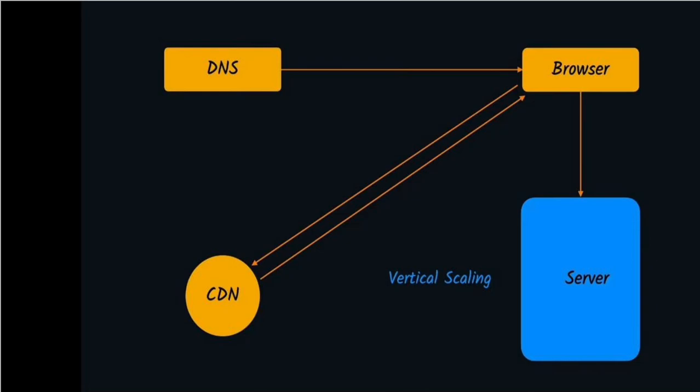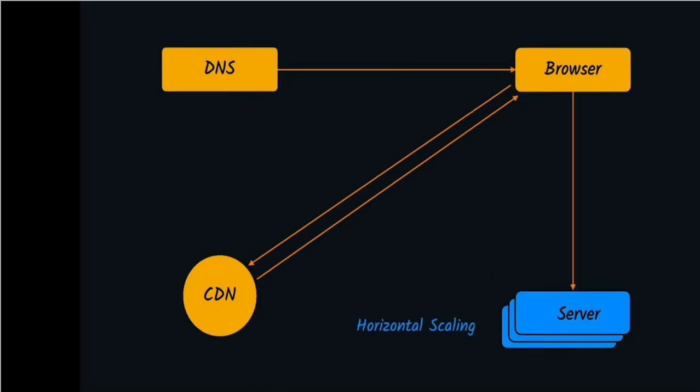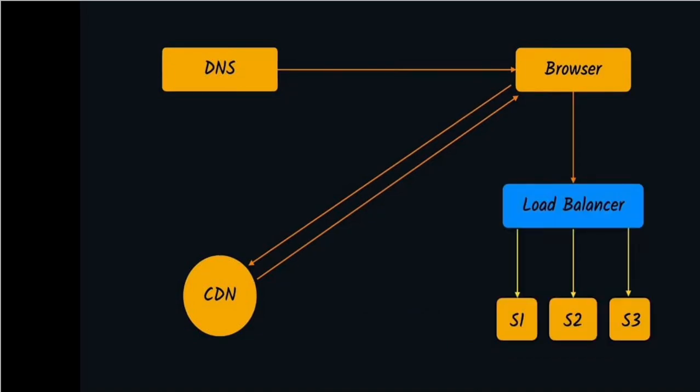So what other solutions do we have? We can do horizontal scaling as well. In horizontal scaling, we will have multiple instances of the server. If we have multiple instances of the server, how will the request know which server it needs to connect to? For that, we have load balancers. This load balancer will be an intermediate system which connects browsers and the servers.